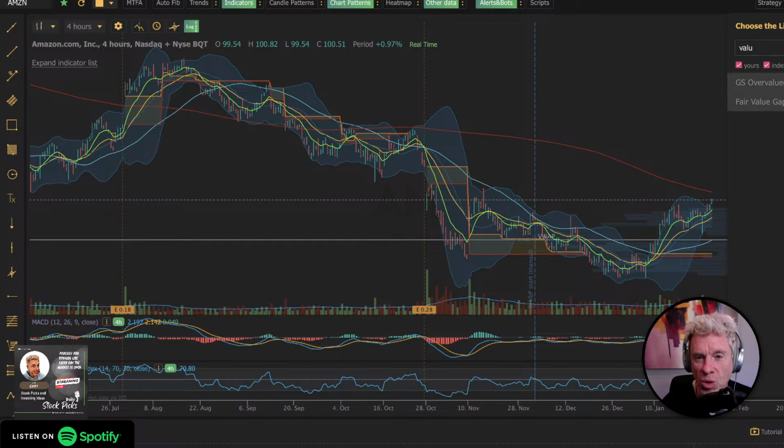Fair value, Goldman Sachs overvalued stock. That's a custom one by my buddy. I guess they don't have a value scanner. Fair value gap. Let's look at the scanner here.